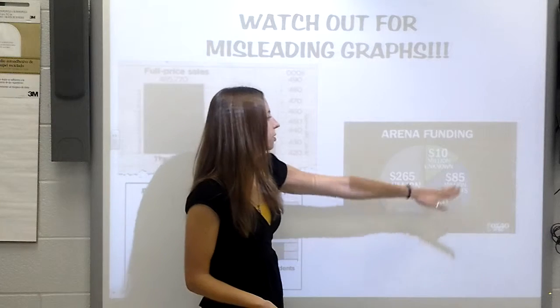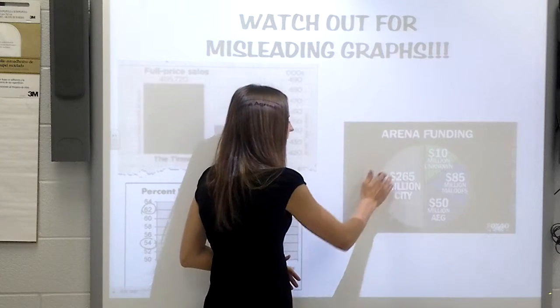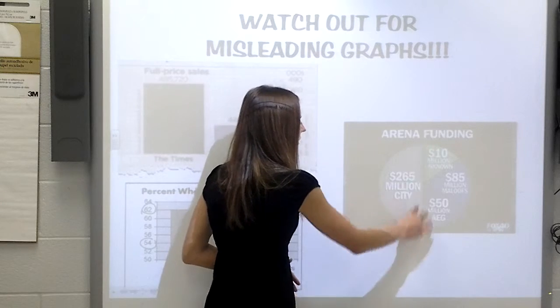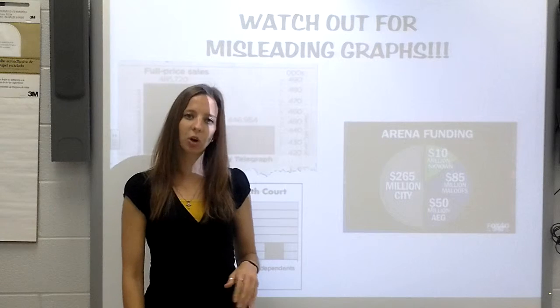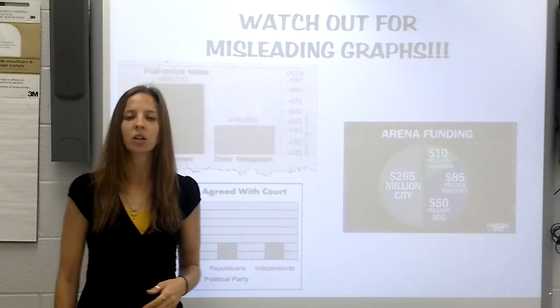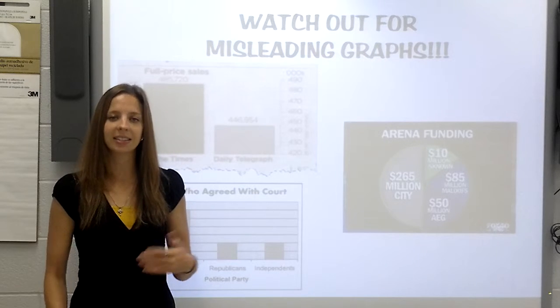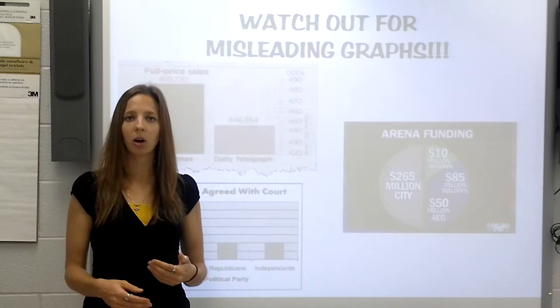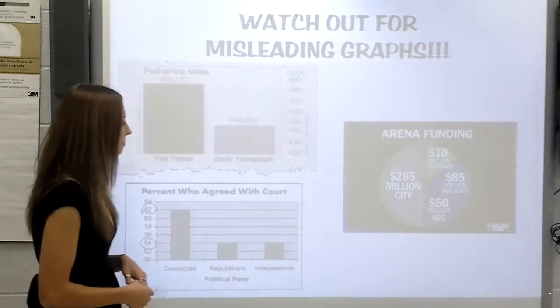And then you have the rest of your data. Well, this would indicate that 50% of the funding comes from here. But if you add these values up, that's nowhere near 50%. So again, the pie graph is very misleading, and it's not a percentage, so it doesn't add up to 100%. So it's really not a good display of information.